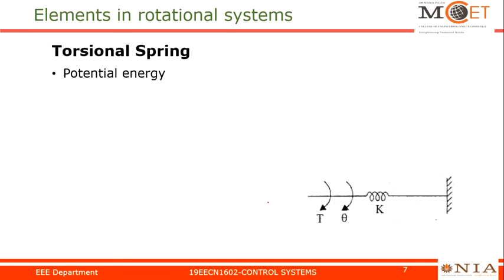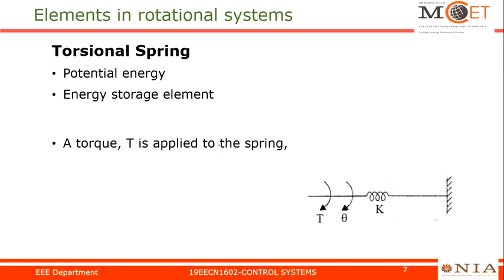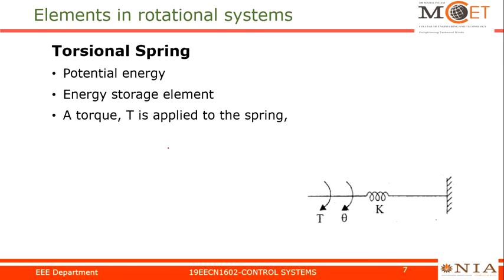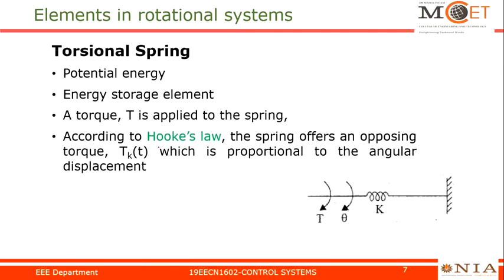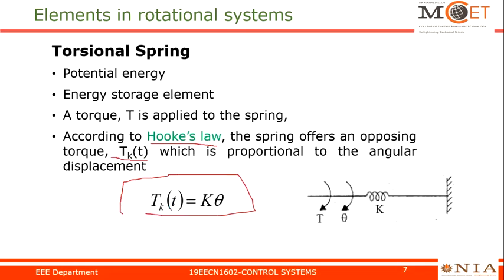The second element is the torsional spring. It has potential energy and it is also an energy storage element, as in the previous case. If you apply torque T to the spring, according to Hooke's law it will offer an opposing torque Tk(t). The Tk(t) is proportional to the angular displacement, so Tk(t) equals K into theta, as Fk(t) equals K into x.